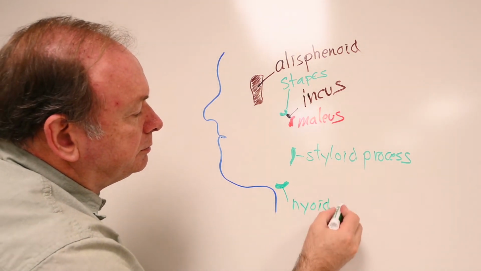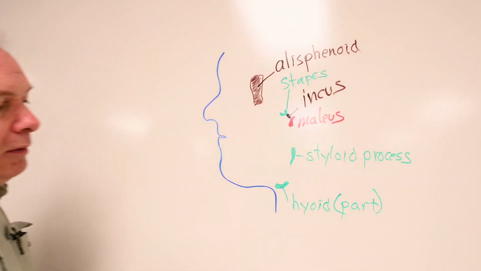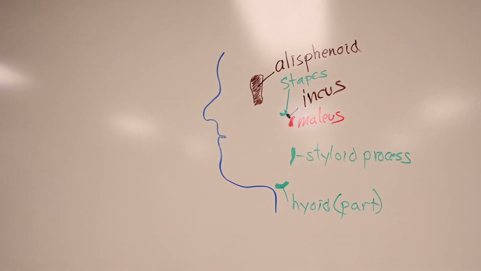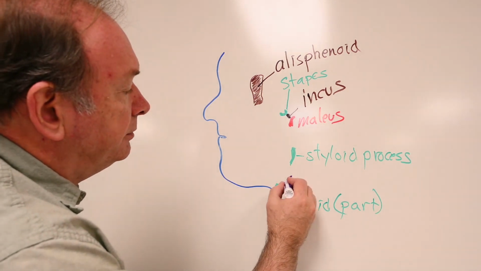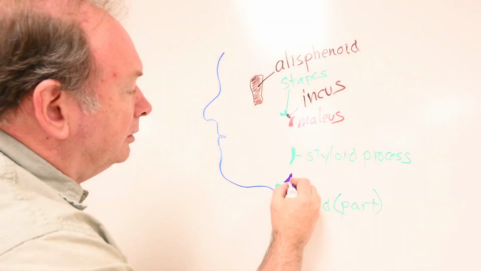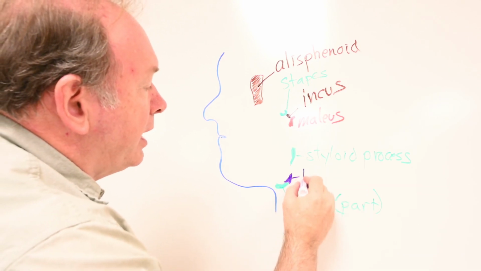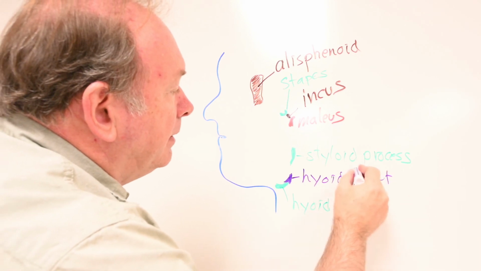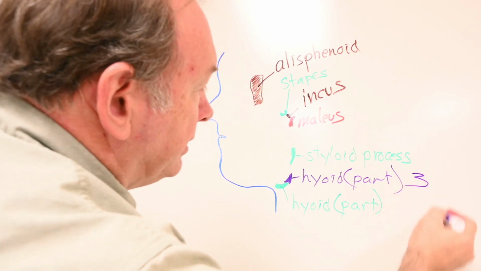So part of the hyoid bone is derived from the second arch. From the third arch, the remainder of your hyoid. So this is also hyoid part. So that's part of your third arch. So this is arch 3.